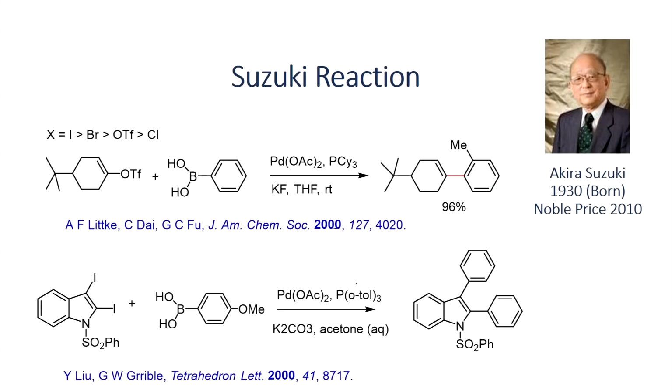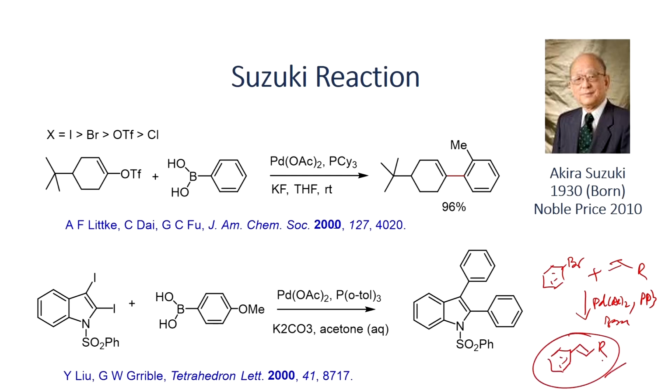The next example is the Suzuki reaction. If you try to remember the Heck reaction, where the reaction of aryl halide with alkene is shown, in the presence of palladium acetate, you make this styrene derivative.